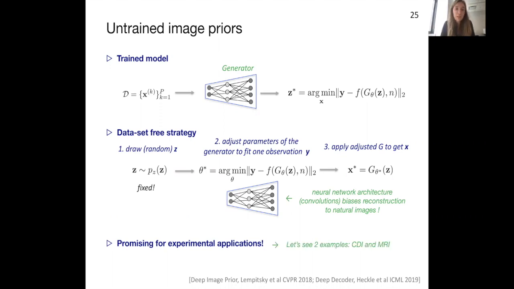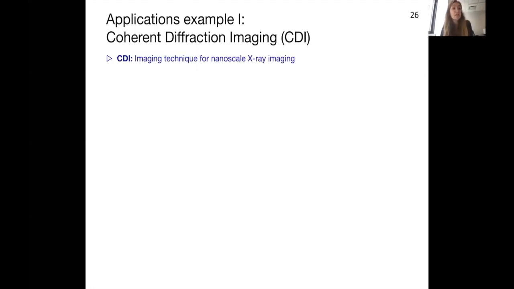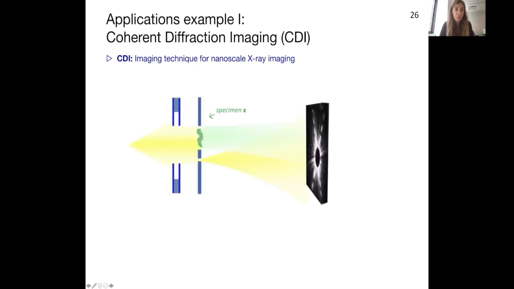I can tell you rapidly about two examples of applications of those untrained image priors. The first example is coherent diffraction imaging, based on a paper we recently submitted with collaborators at CCM. CDI is an imaging technique that enables images at nanoscales, typically using X-rays. A beam of X-rays goes through a specimen, and the diffraction pattern is collected on the CCD.